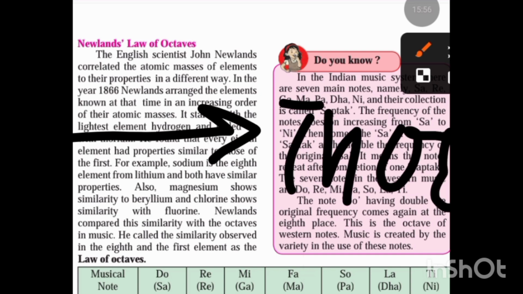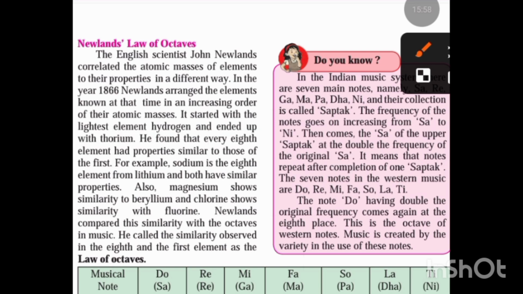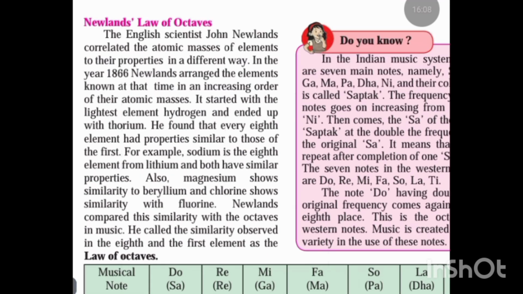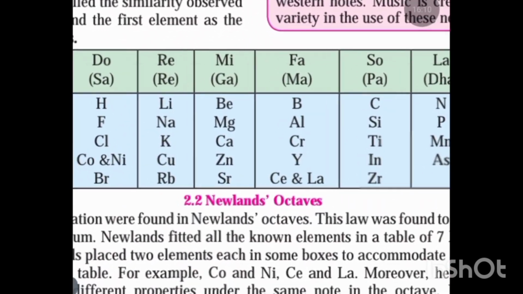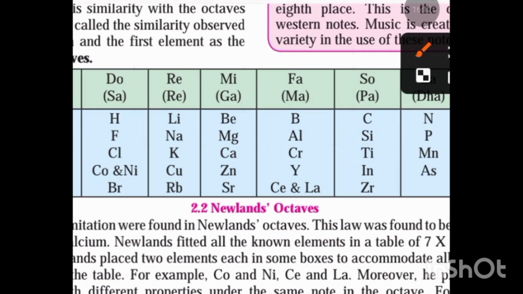What did he find? The property of the eighth element is similar to that of the first. You could see here, the property of the eighth element is similar to that of the first.